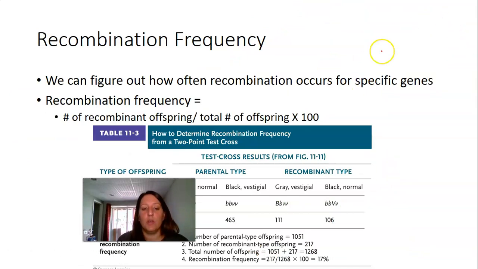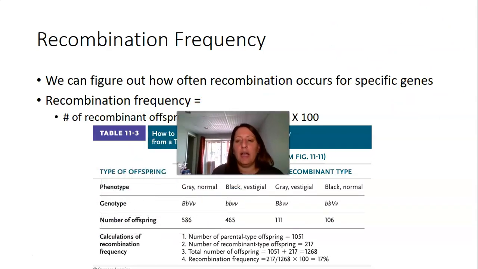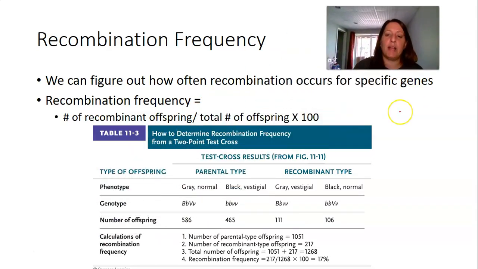We can calculate how often recombination occurs for a specific gene pair. How often does recombination occur for the B and V genes? And from that number, we're going to be able to tell the distance between those two genes.